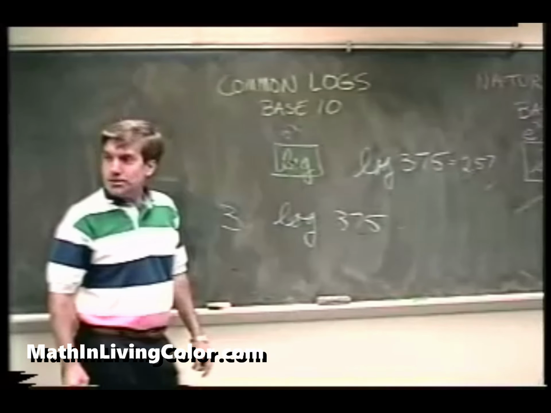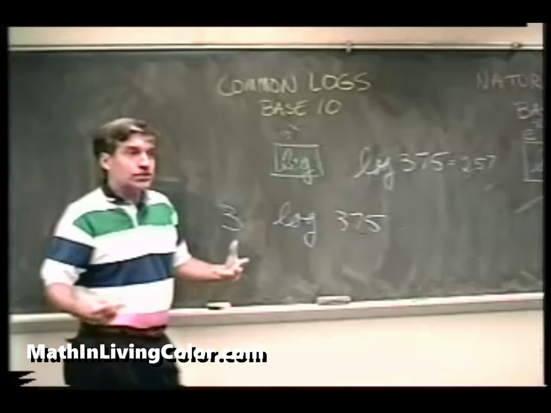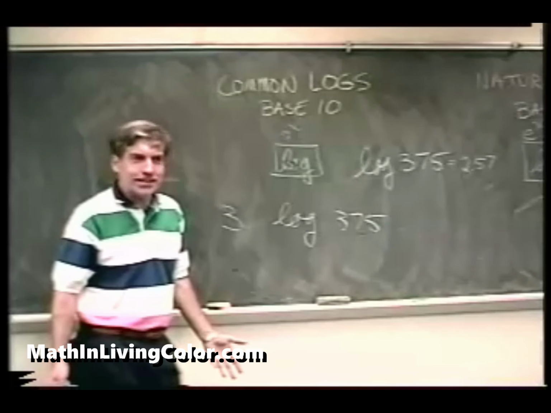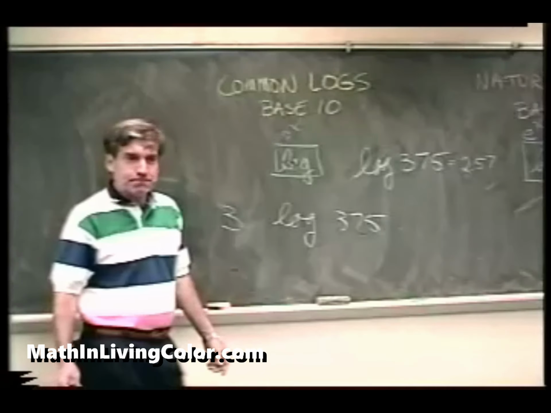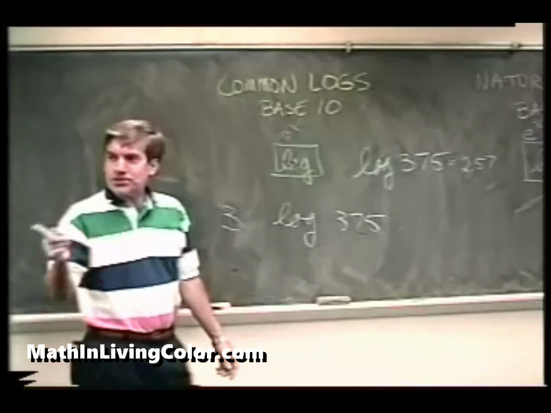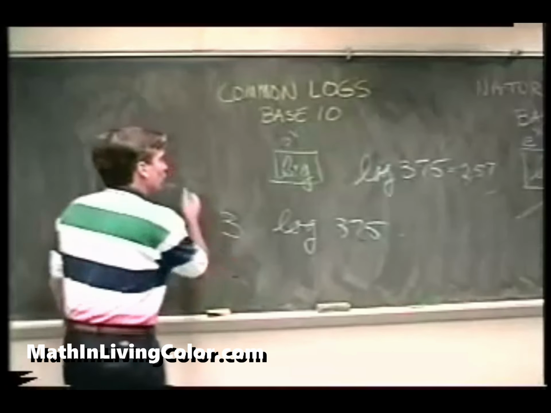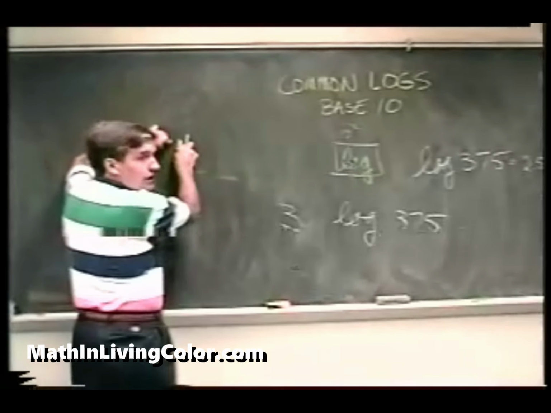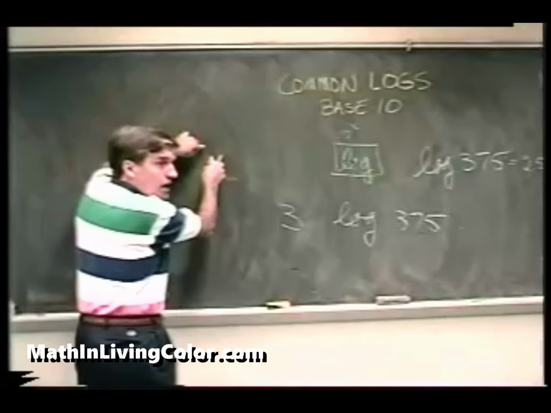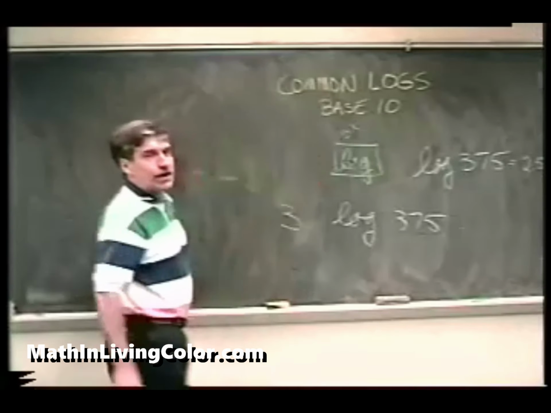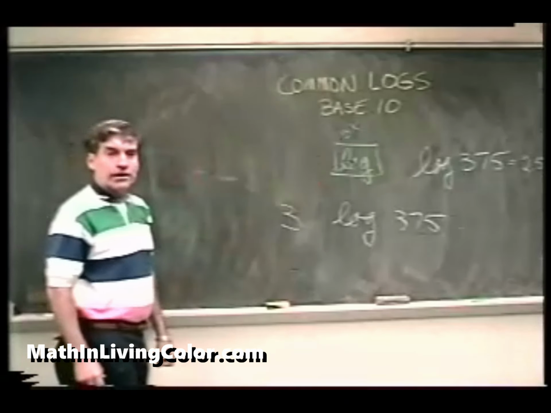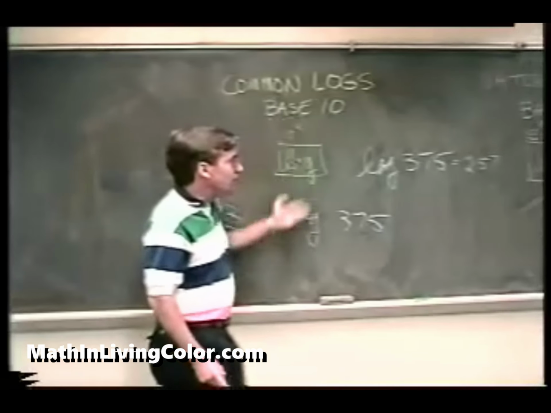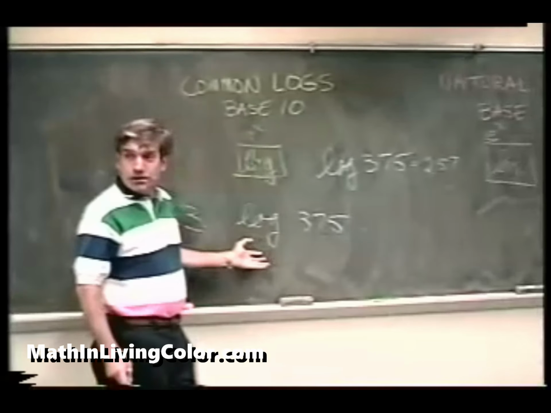And guess what comes back? 375. Any questions on that? If you have a graphics calculator, you would do the shift log of the log of 375, and you end up with 375, don't you? You see what this is doing? This is undoing itself.